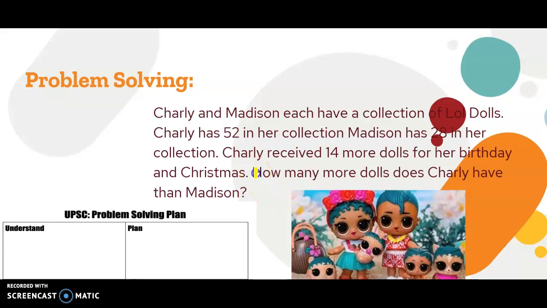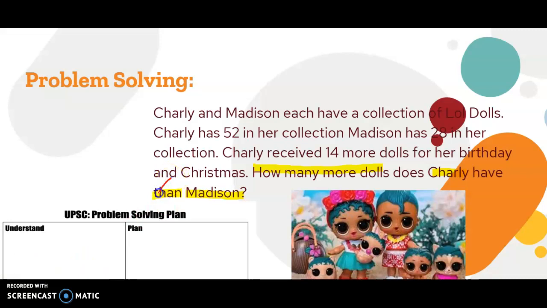The question is saying, how many more dolls does Charlie have than Madison? So I see right now that I am going to compare the dolls that Charlie has to what Madison has.